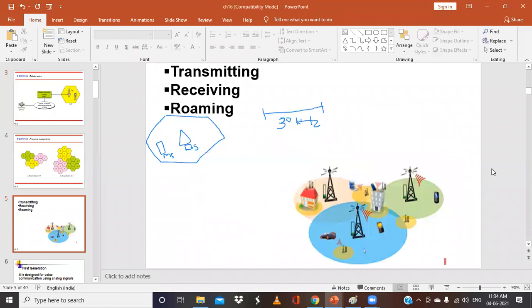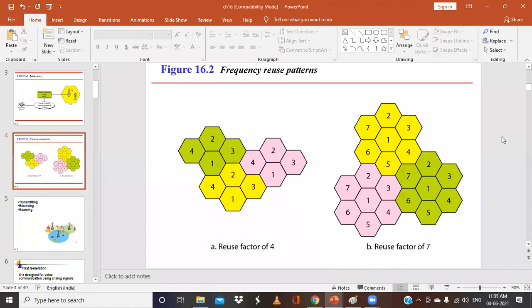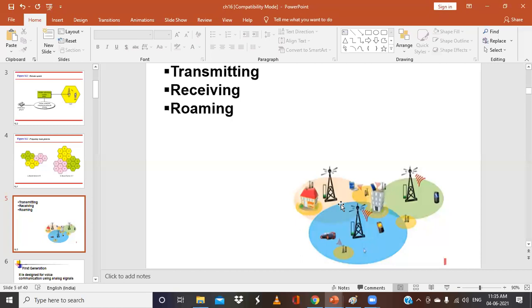Now we'll be discussing something called the frequency reuse principle. In this diagram, you can see there are different base stations and different mobile stations. There can be n number of mobile stations, and for every region we have a central base station, and here are the signals that we have.